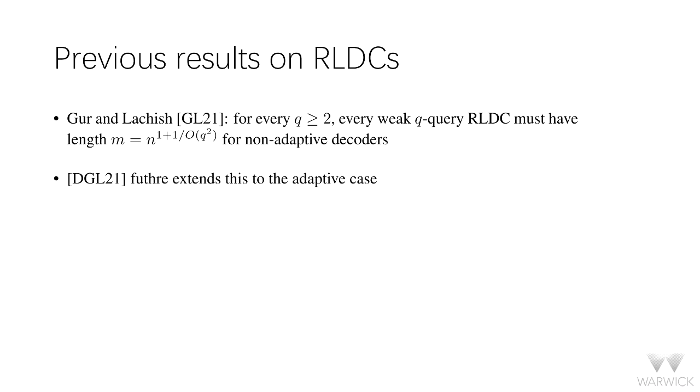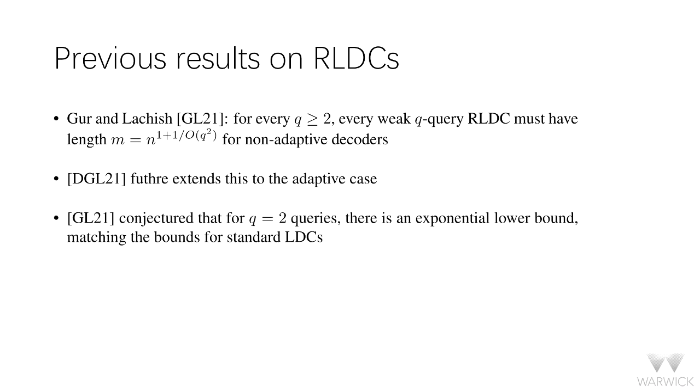The parameter only has a slight difference, but it's almost similar. And what's more, GL '21 conjectured that for Q equal to 2, there is an exponential lower bound, matching the lower bound for the standard ILDC case.